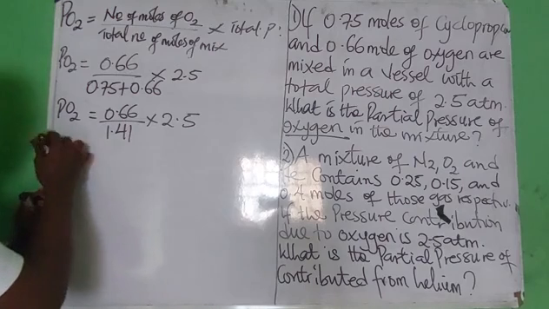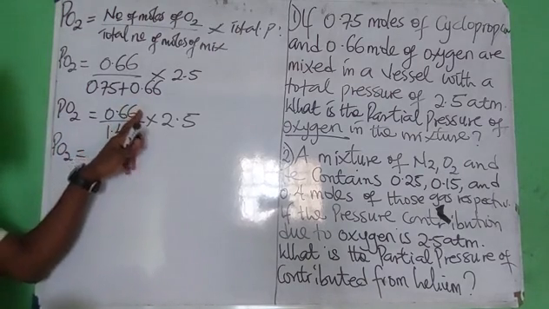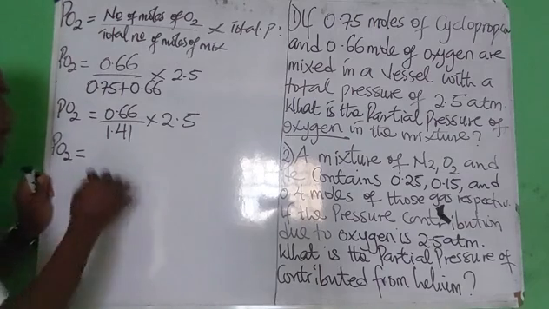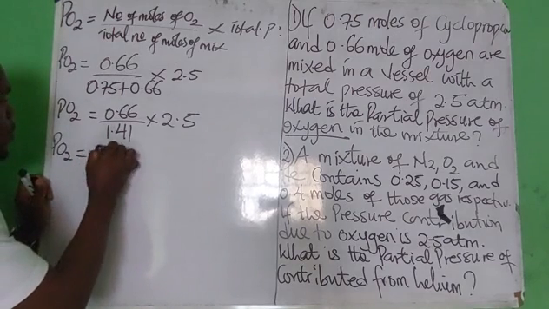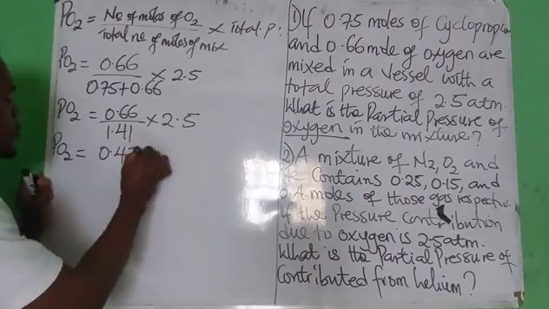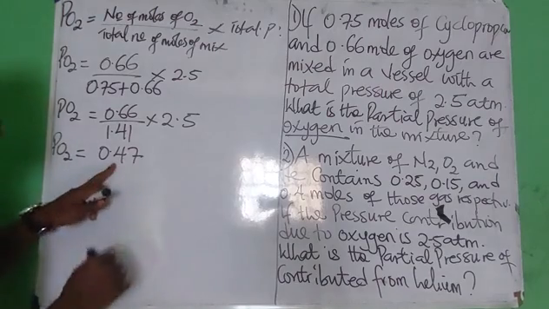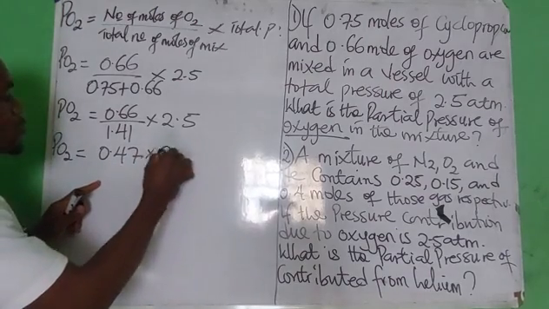So what do you do next? The pressure of oxygen is 0.66 divided by 1.41, which gives 0.47. Let me try it again. Yeah, it gives 0.47 times 2.5.